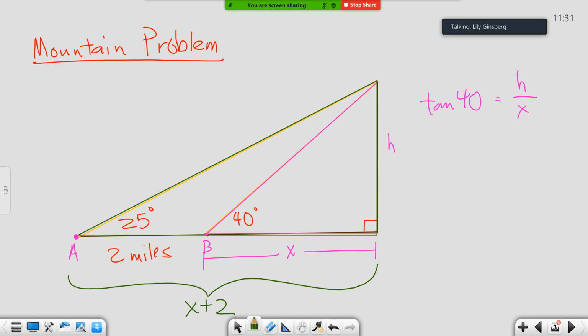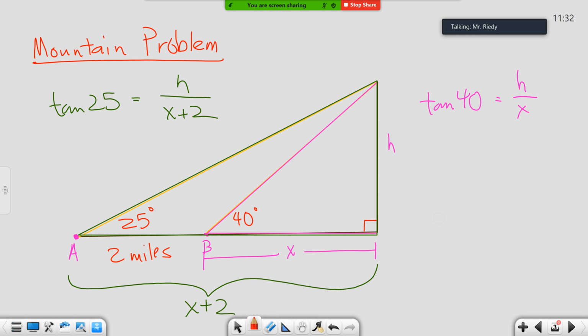Tangent 25. That's a good start. Is equal to? H over x plus 2. Perfect. Well done. Okay, we're done with the geometry now.